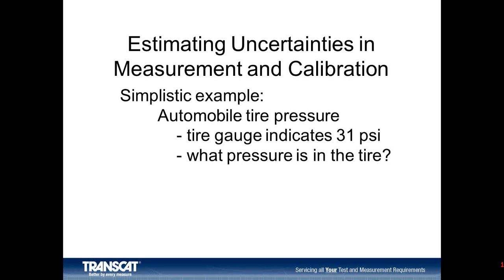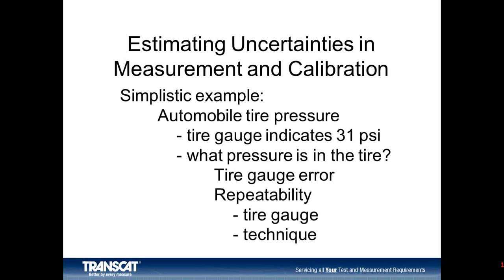But what is the real pressure in the tire? To answer that question, we need to account for the fact that the tire gauge itself may have an error. For example, when it indicates 31, perhaps it's only 30, or maybe it's 32.